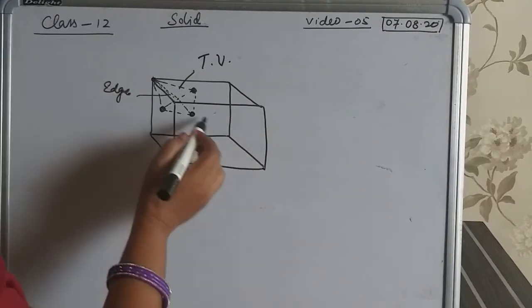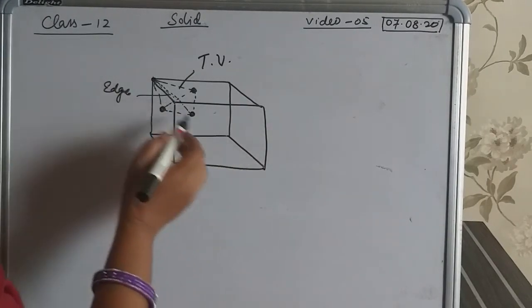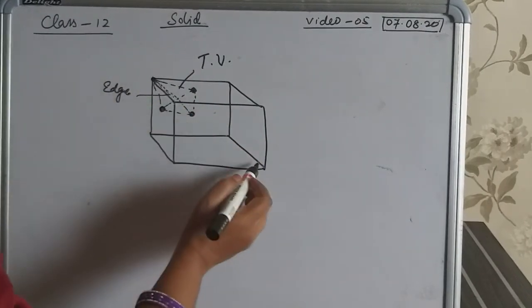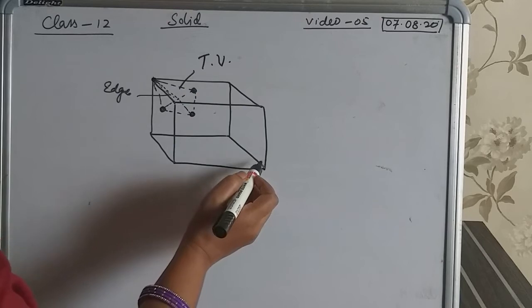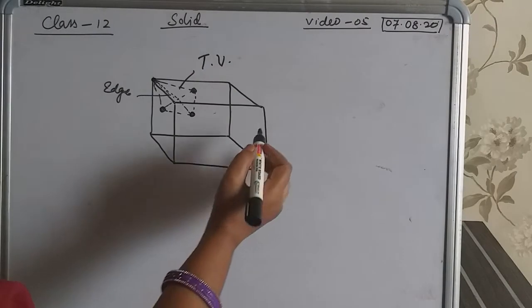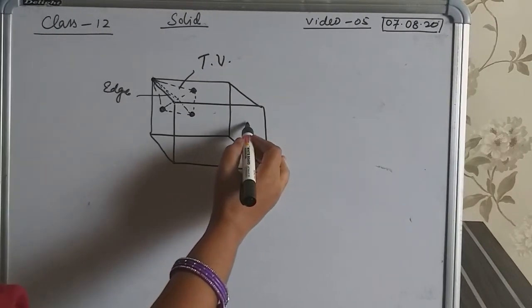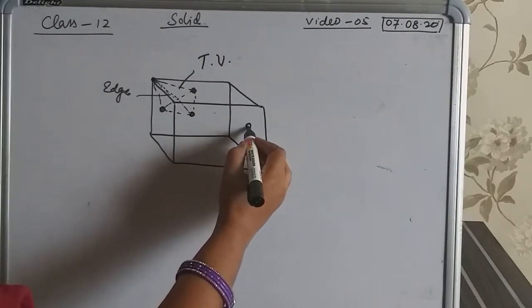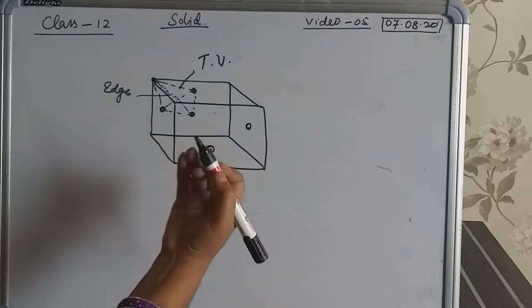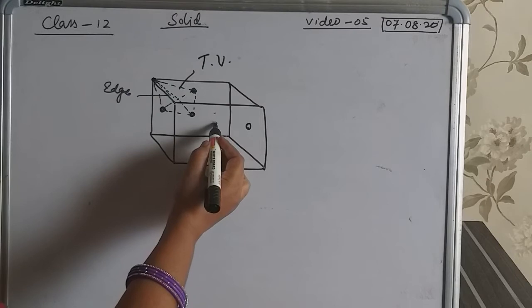The same tetrahedral void is formed at this particular corner if we consider this particular body diagonal. Again one tetrahedral void is formed at this corner. See here. Let's consider one atom from this face, one from this face, and one from the front face.